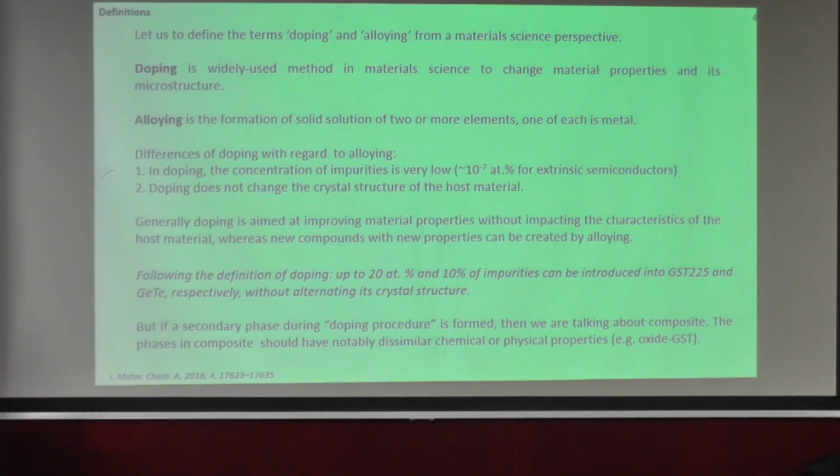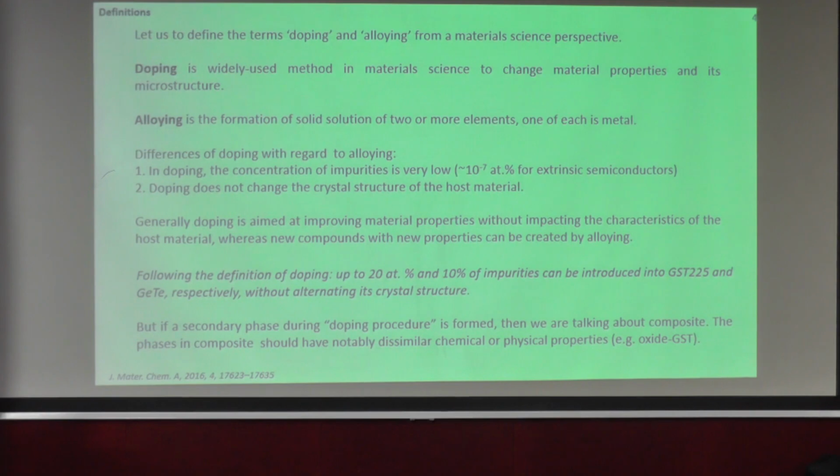And if these doping elements go into these vacant sites, then we can also talk about doping. If these doping elements do not change the structure, then we are talking about doping. In all other cases, we will talk about alloying.